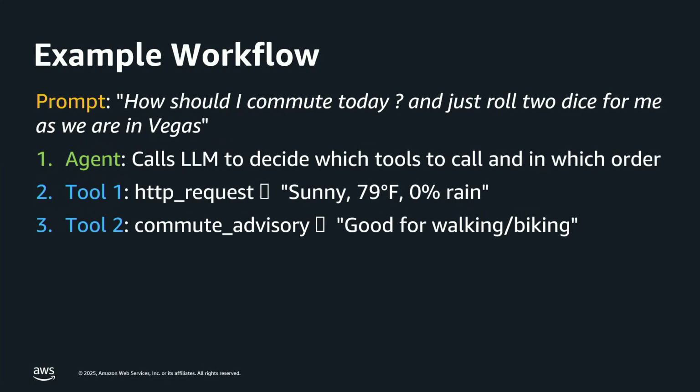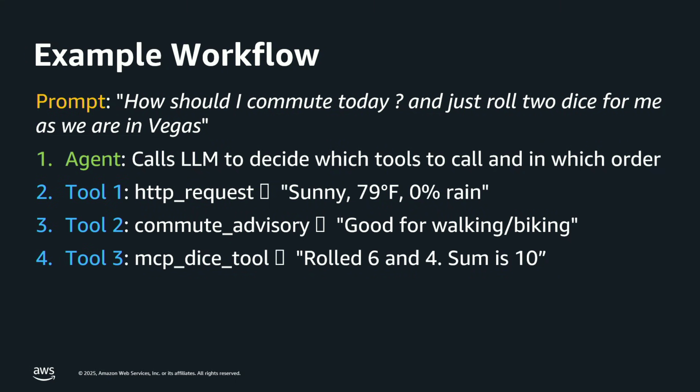Based on the information that it's receiving, we can provide it some information on what a comfortable range should be and good modes of transportation for different scenarios. Those two, the weather and the commute, will be built with custom tool integration, like we saw before, using the tool decorator.